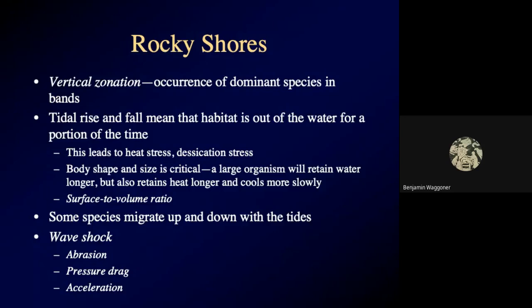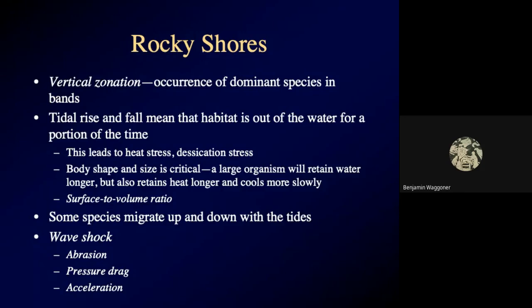That means that a large organism won't be able to radiate heat as rapidly, and it also won't heat up as rapidly, because heat transfer from that organism to the outside or from the outside to the organism is a function of surface area. And the more volume it has per unit of surface area, the longer it will take to heat up and cool down. The same thing applies for gas transfer.